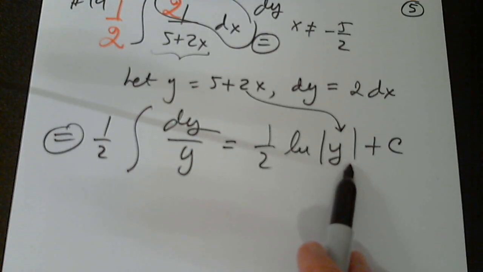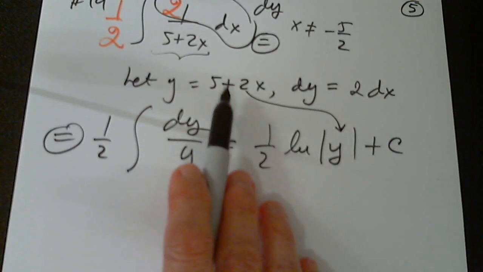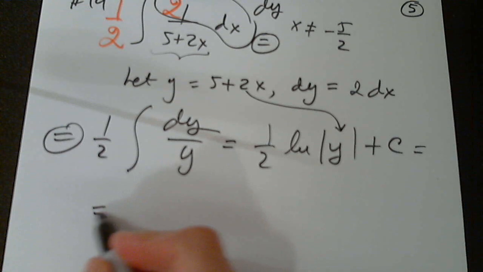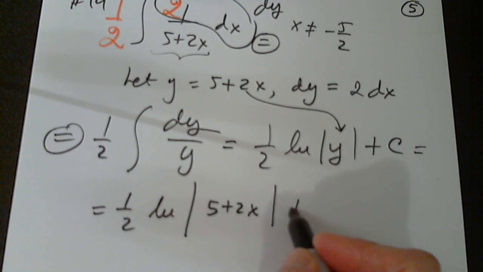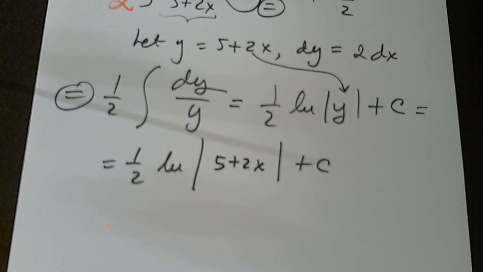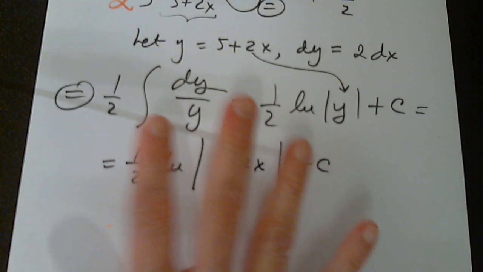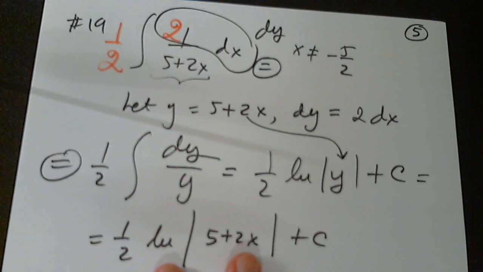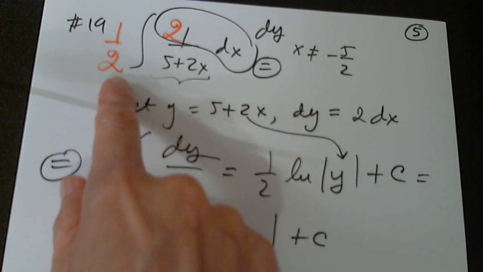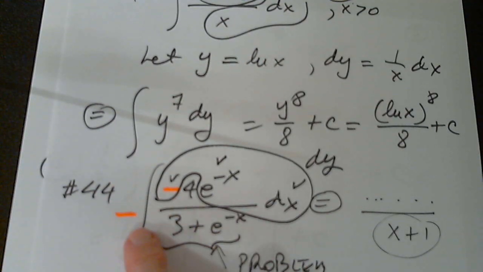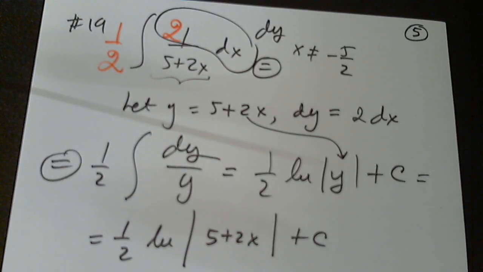So I cannot remove the absolute value bars on this, like I did on the previous problem. They have to stay. Any questions on this? Again, what have we learned from this? We learned that we can always make up a constant, not only a negative sign if we need to, but we can always make up a constant. Multiplying and dividing by 2 does not change anything.